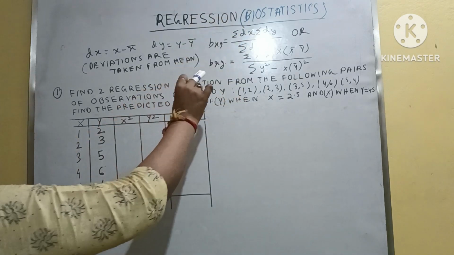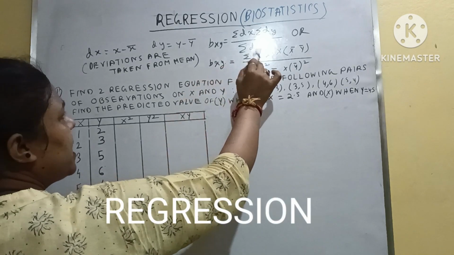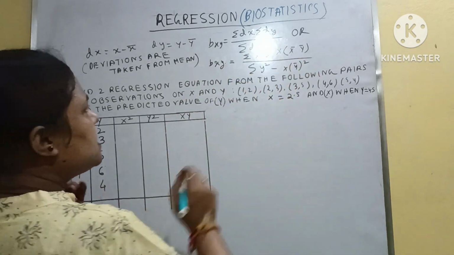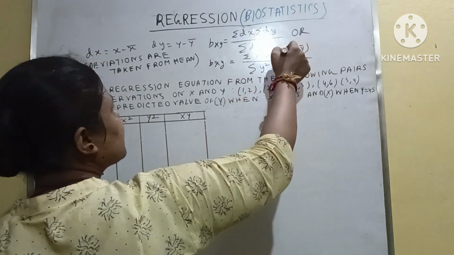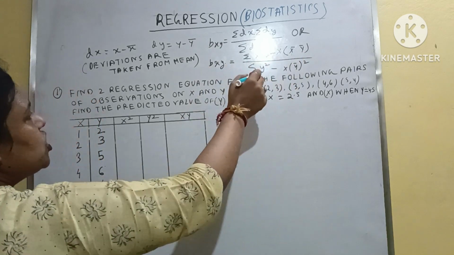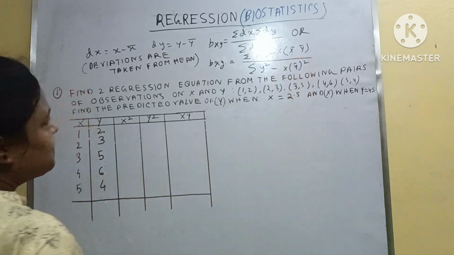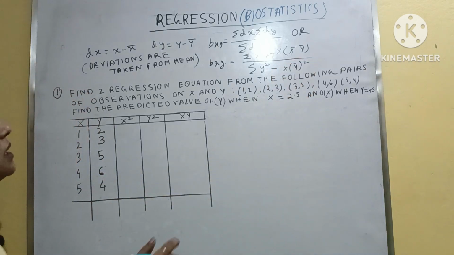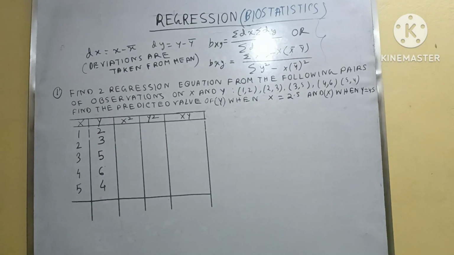Or you can say bxy equals summation of xy minus n times x bar y bar, divided by summation of y square minus n times y bar square. So these are the two formulas by which we can calculate the regression coefficient.